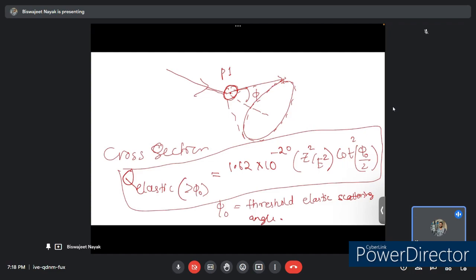So as we have seen, whatever electron is coming, it is interacting with the surface of the specimen at a particular volume.